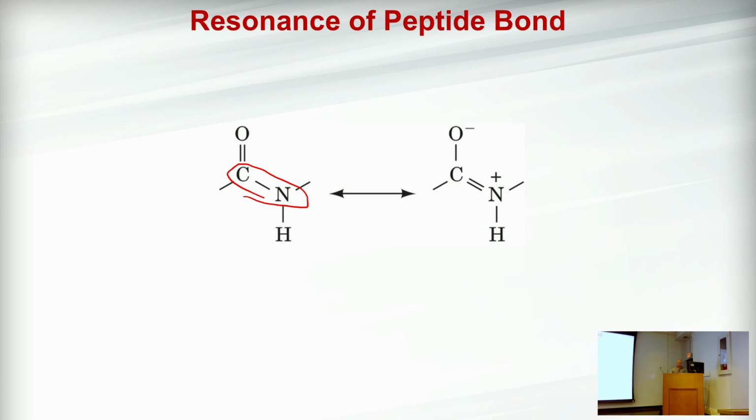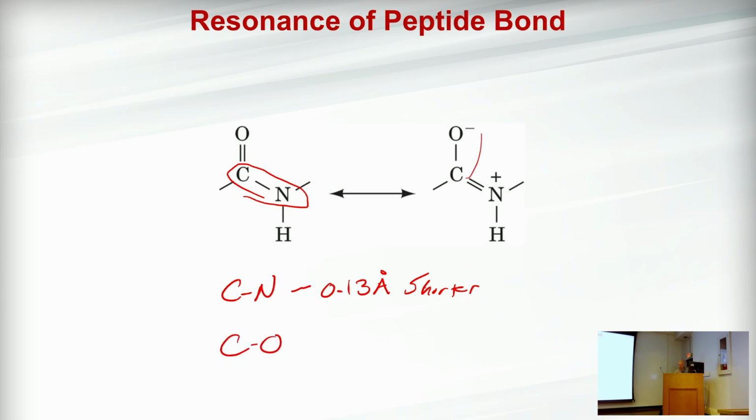It's going to get shorter. And it turns out that the carbon-nitrogen bond is about 0.13 angstroms shorter than what is expected.